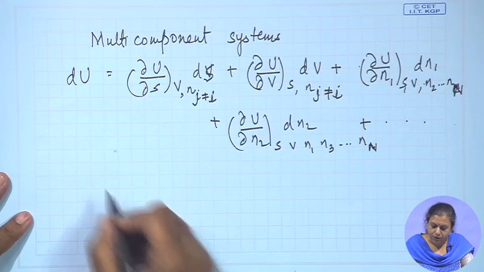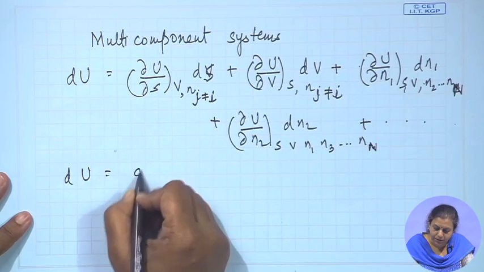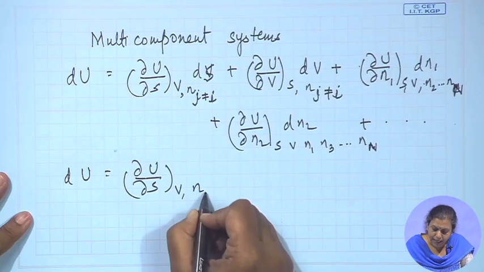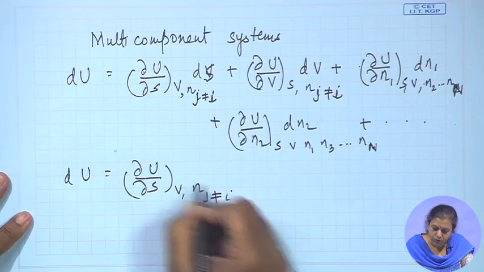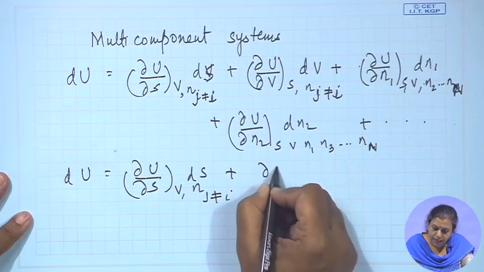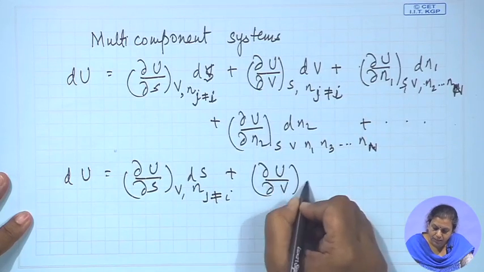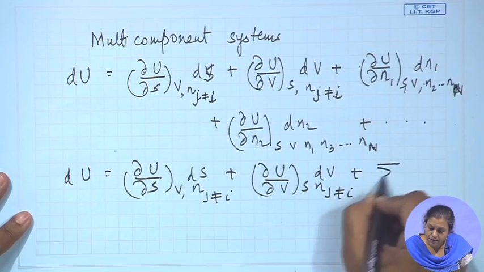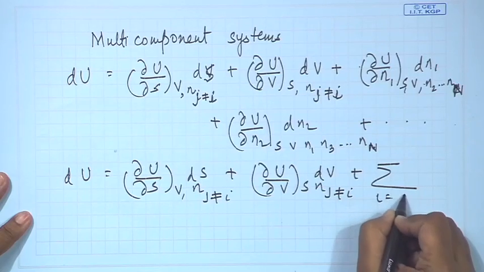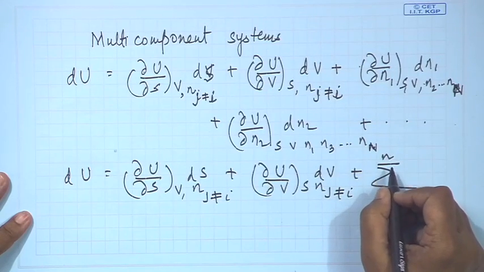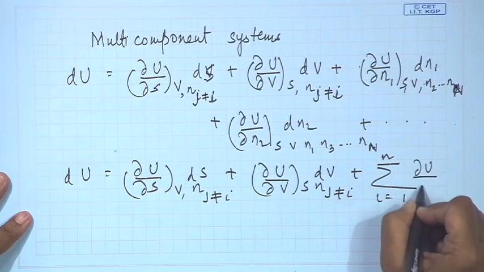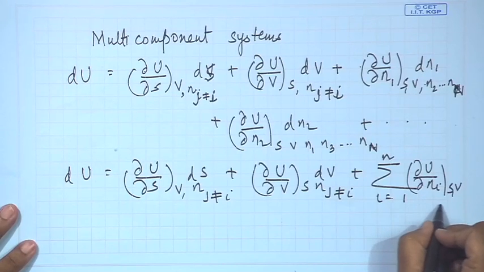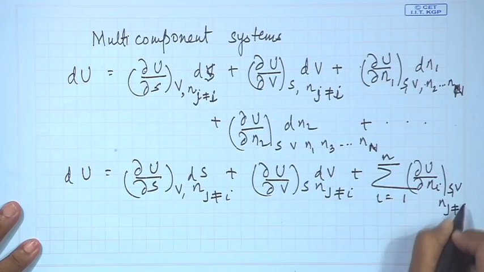This can be summarized as dU equals del U del S at constant V, n_j not equal to i, dS, plus del U del V at constant S, n_j not equal to i, dV, plus summation of i equals 1 to n, where n is the total number of components, del U del n_i at constant S, V, n_j not equal to i.